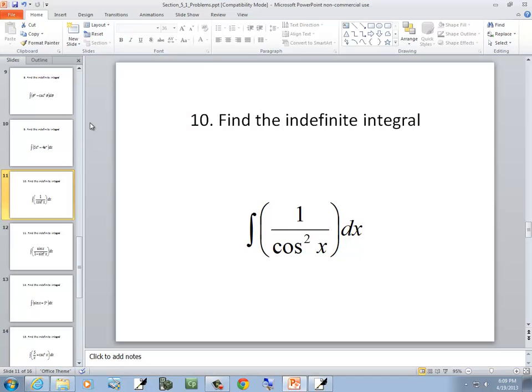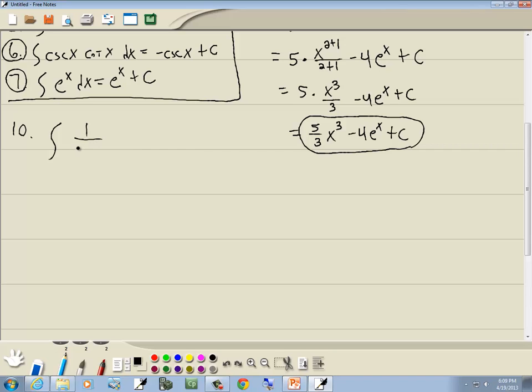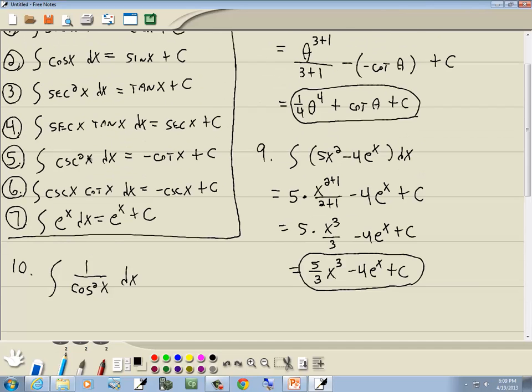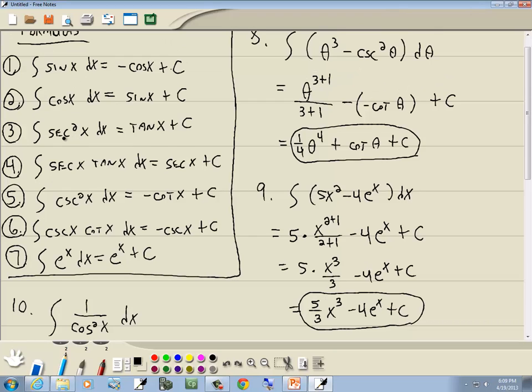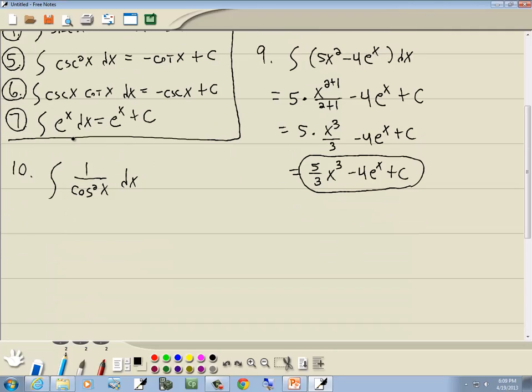Got the integral of 1 over cosine squared dx. Now I could take the cosine squared up on top and it becomes cosine to the negative 2 power, but I really don't have anything that helps me there. I just got the integral of cosine, so it has to match these exactly. Well, as I start looking through this, I see I have a secant squared here. And recall from trig, secant is equal to 1 over cosine.